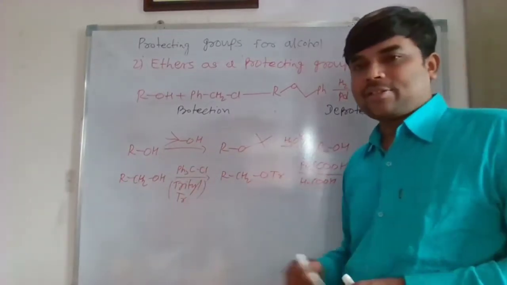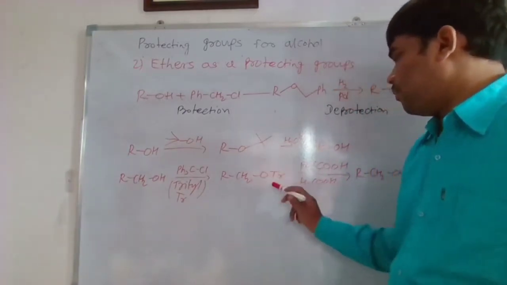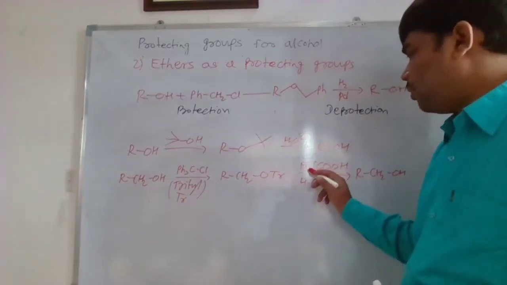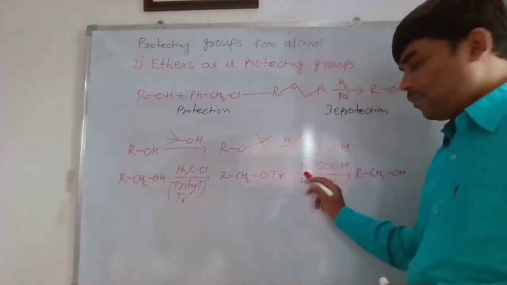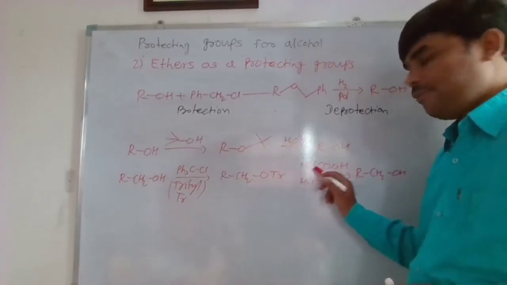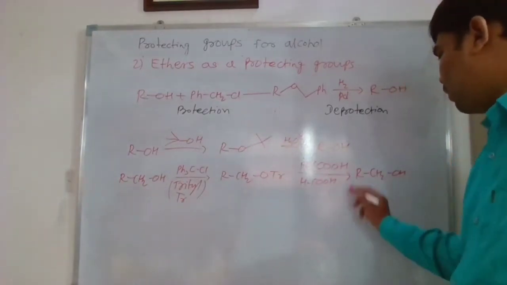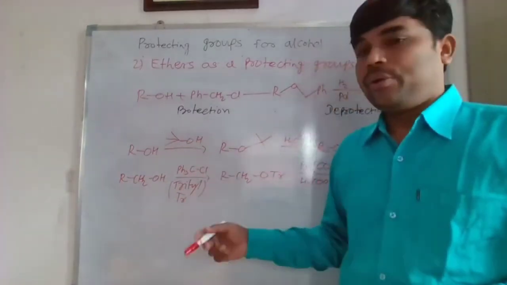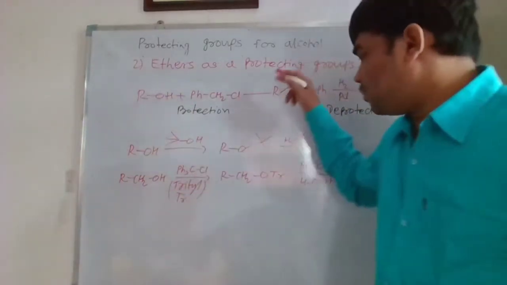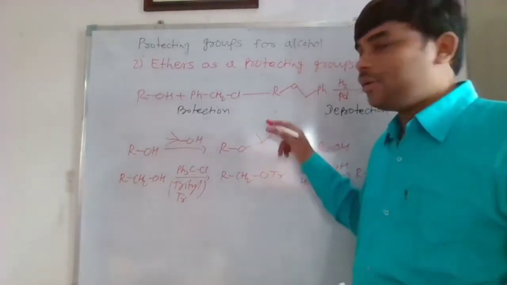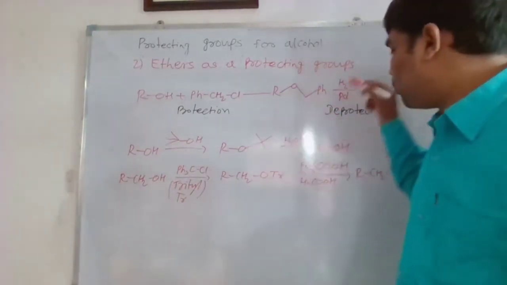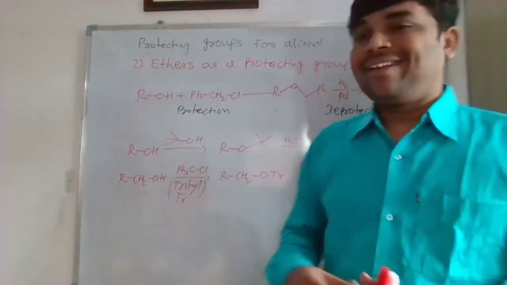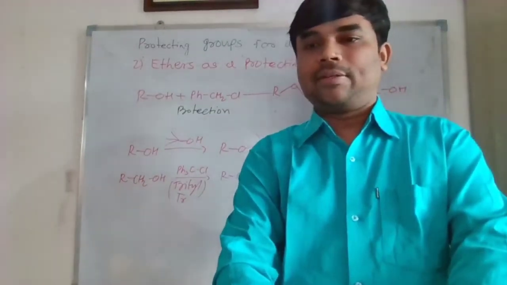This Tr means trityl. Again, when it reacts with formic acid or trifluoroacetic acid, we get our primary alcohol again. By this way, we can protect alcohols by converting them into their ether derivatives, and we can deprotect them also.